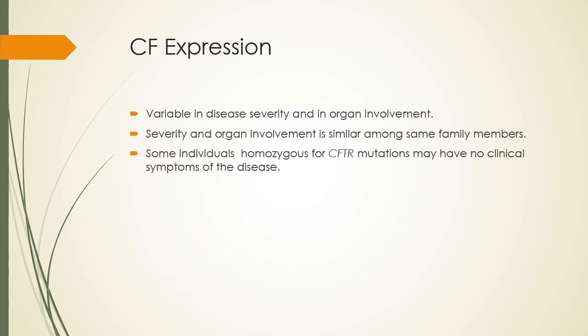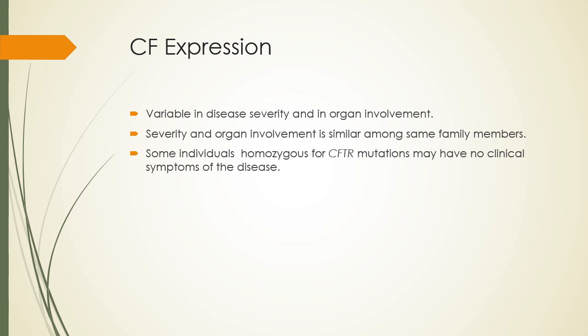So like I previously said, because of the variety of the mutations that lead to development of cystic fibrosis, there is a variability of disease expression. And the variability in turn leads to different levels of severity and different organ involvement.